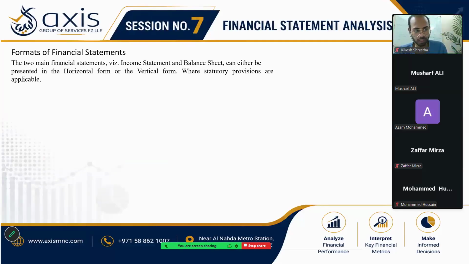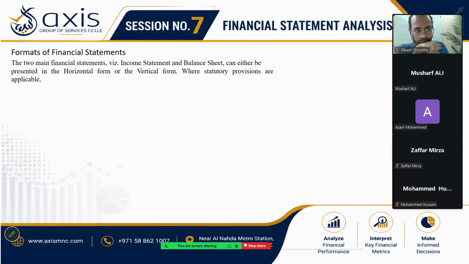Format of financial statements. There are two main financial statements, the income statement and the balance sheet, which can be presented either in horizontal form or vertical form, where statutory provisions are applicable. So in how many formats can we prepare the income statement and balance sheet?